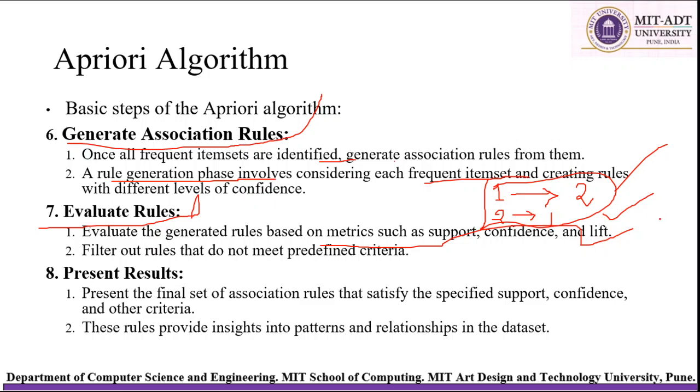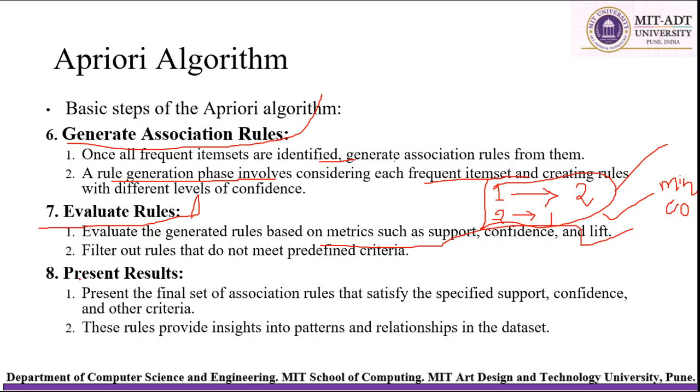If we specify the minimum confidence, then the rules having confidence greater than the minimum confidence will be selected as the association rules.